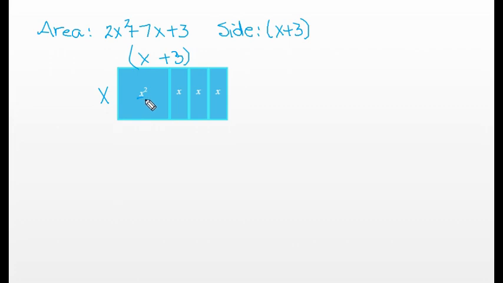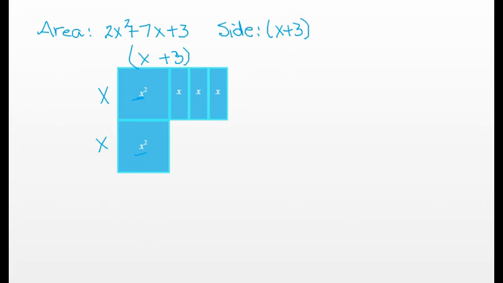So I know that I have 1x squared, and I need to end up with 2x squared. I know this side length is x plus 3, so it's not changing. So I'm going to have to add another x squared tile, which is x by x, so that I have 2x squared.